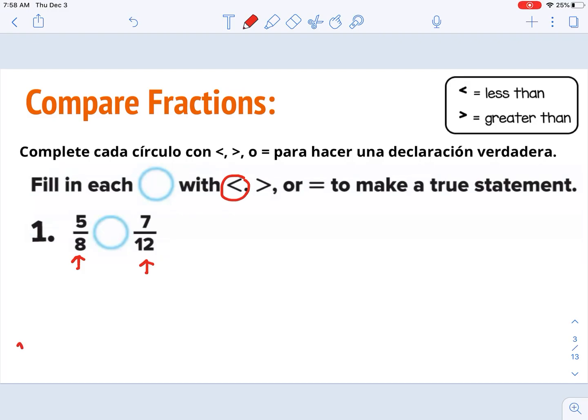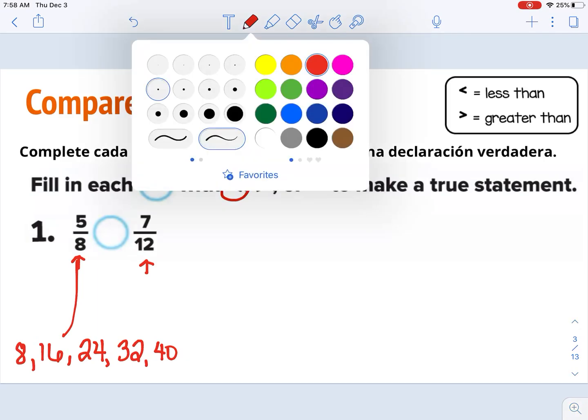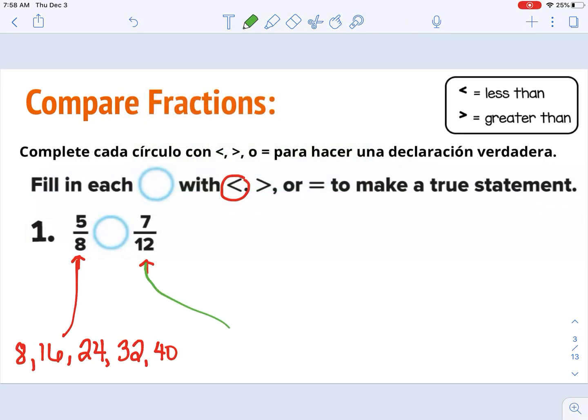So first I'm going to start by looking at the 8s. And if I count by 8, I know it goes 8, and I can use my multiplication chart for this too. And then 16, and then 24, and 32, and 40. I'm going to stop there and see if that's enough. All right, then I'm going to do my 12s. 12, 24, 36, 48.